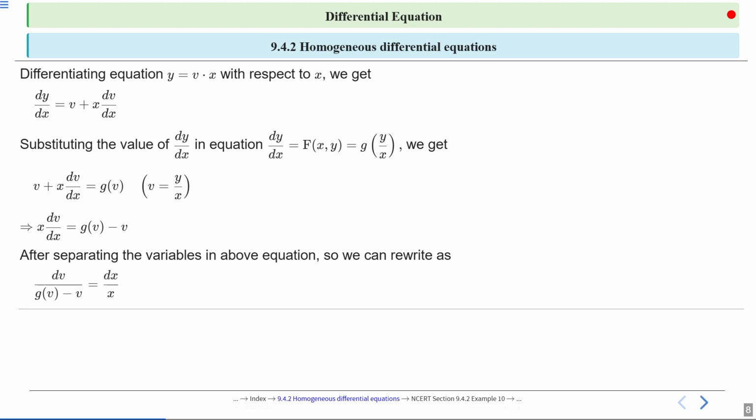When we separate the variables, we get dv by (g(v) minus v) is equal to dx by x. So by using the substitution y is equal to vx, we get an easier form that is solved by the variable separable method.